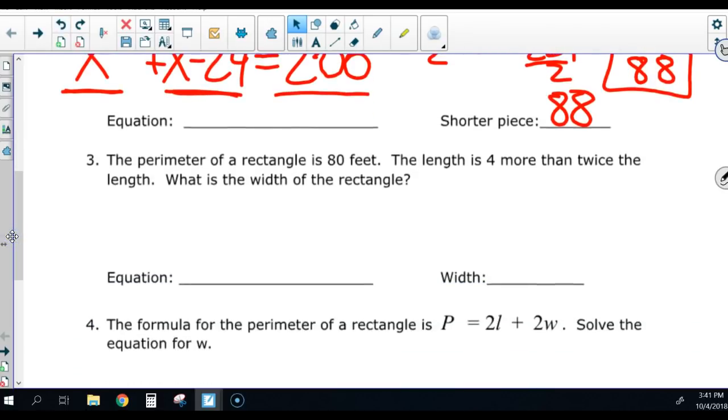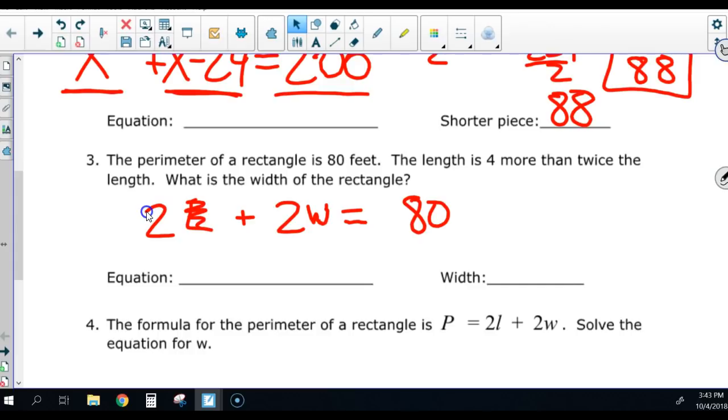Number 3, perimeter. You have to know the formula for perimeter of a rectangle. 2 times the length plus 2 times the width equals 80. The length is 4 more than twice the width. So length, instead of using L, I need to use something with a W in it. They're telling me what the length is.